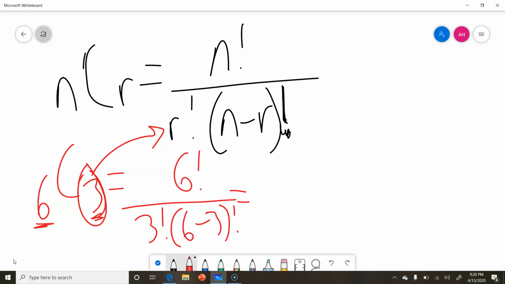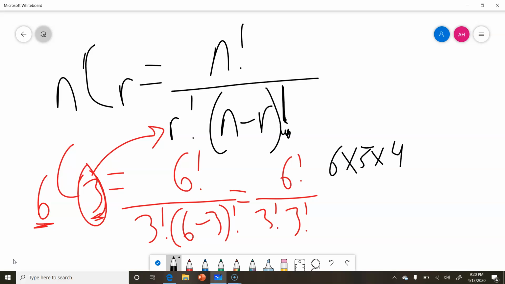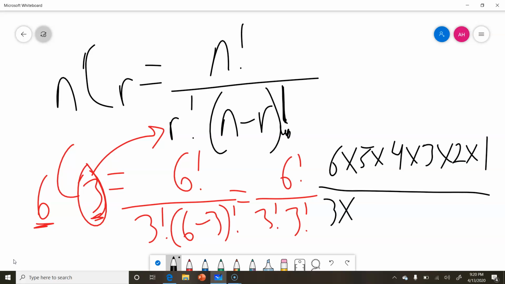So that equals 6 factorial divided by 3 factorial times 3 factorial. Now this is the tricky part, I have to write this out. So I do 6 times 5 times 4 times 3 times 2 times 1, all of that divided by 3 times 2 times 1 times 3 times 2 times 1.